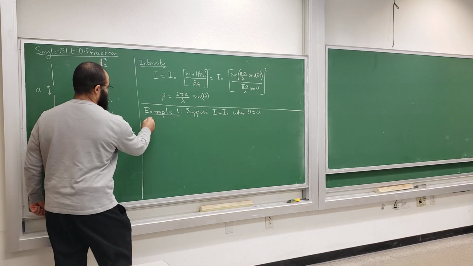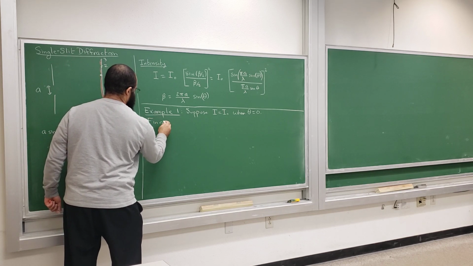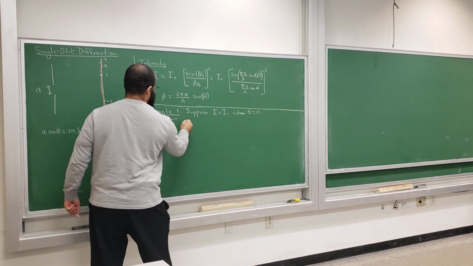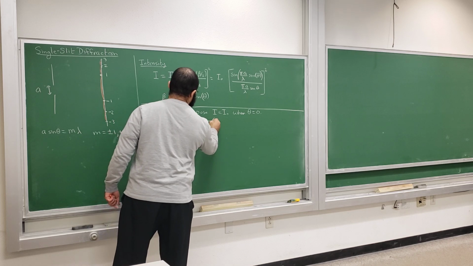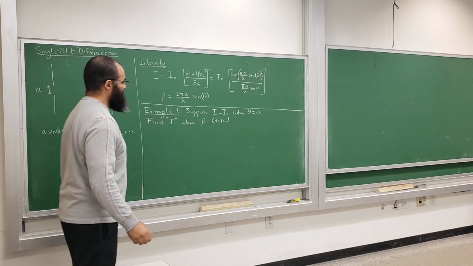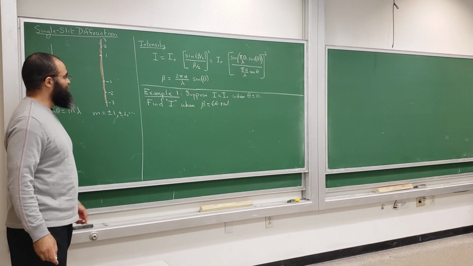Find I, intensity when beta is equal to 66 radians. What's the intensity if beta is equal to 66 radians?